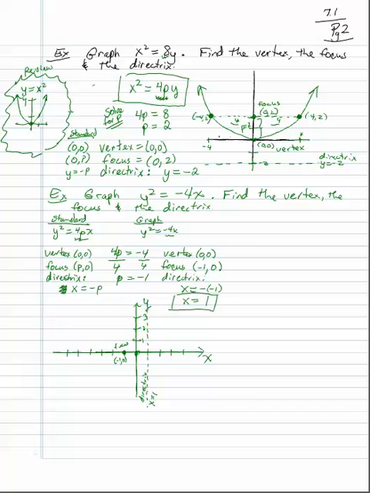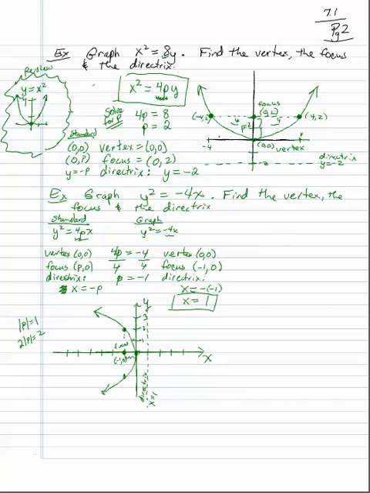And then I'm going to get the latus rectum points. So the absolute value of p is 1. Twice that is 2. So I'm going to go 2 units from the focus, up 2, down 2. And then I can make my parabola like that. And remember, the parabola opens in the direction of the focus, away from the directrix.